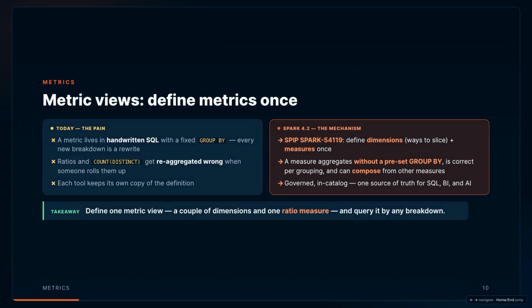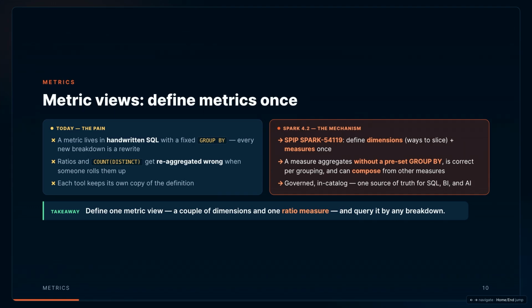So 4.2 adds metric views. That is a SPIP, SPARK-54119. You define the metric once, then you query it by any breakdown. There are two parts. Dimensions are the way to slice. Measures are a new column type that aggregate without a fixed GROUP BY.